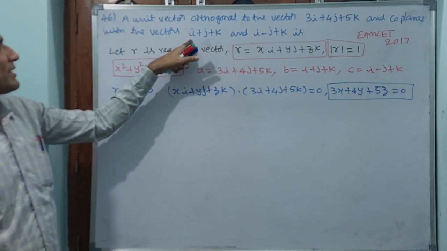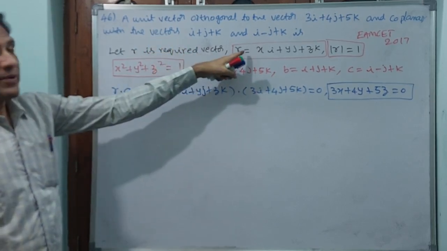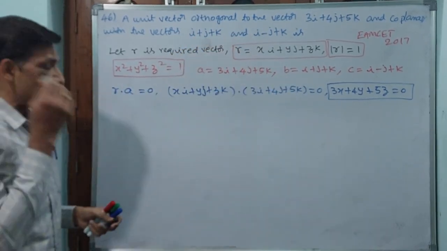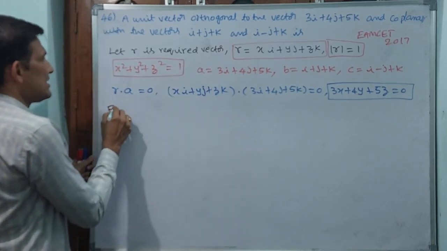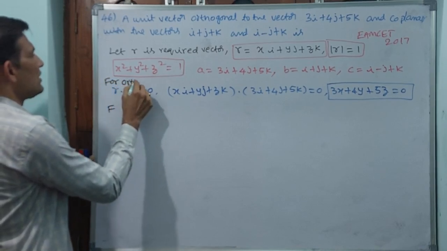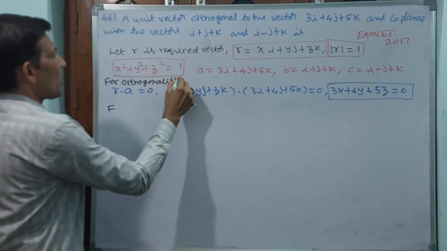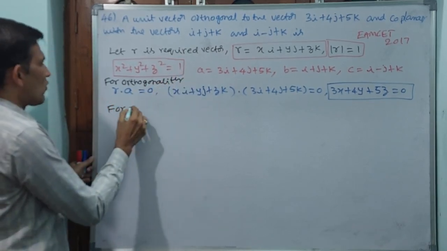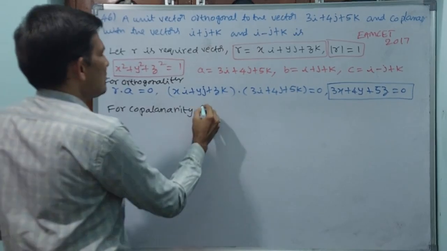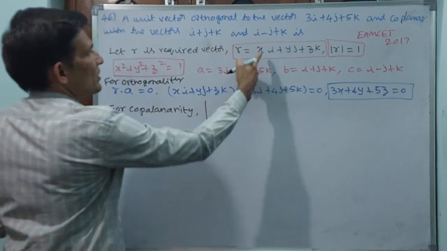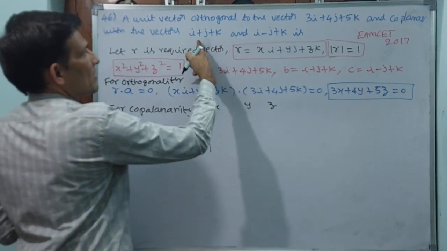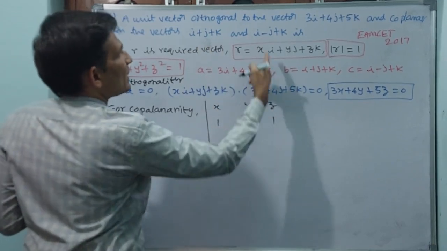This vector R is coplanar with B and C. Coplanar means, for orthogonality you write R dot A is equal to 0, and for coplanarity the determinant is equal to 0. See, x, y, z, next B with 1, 1, 1, and C with 1, minus 1, 1.